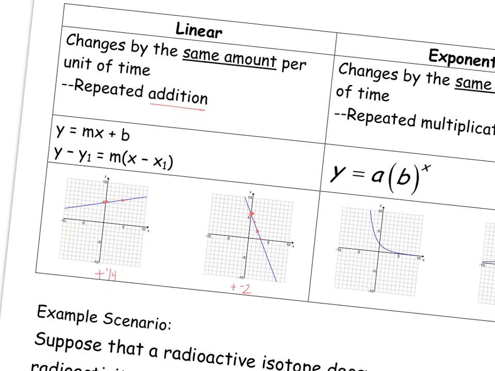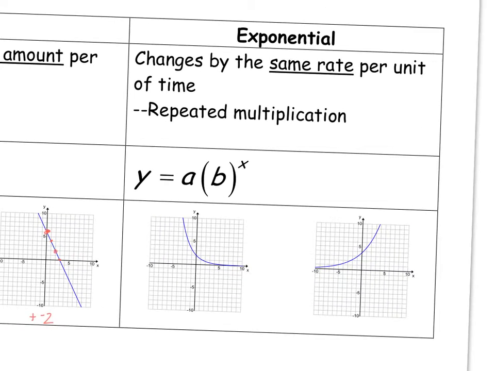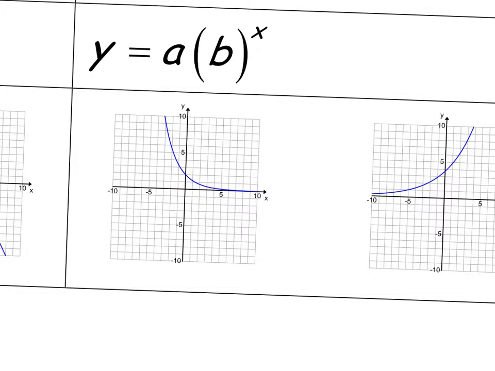Okay? All right, so that is linear. We've talked about that for a long time. Here we have exponential. So your equation is ab to the x. So it's repeated multiplication. So you multiply by 2 each time, you multiply by 4 each time, and so on and so forth. So our two graphs: one went up 2 and the other went down a certain percentage.